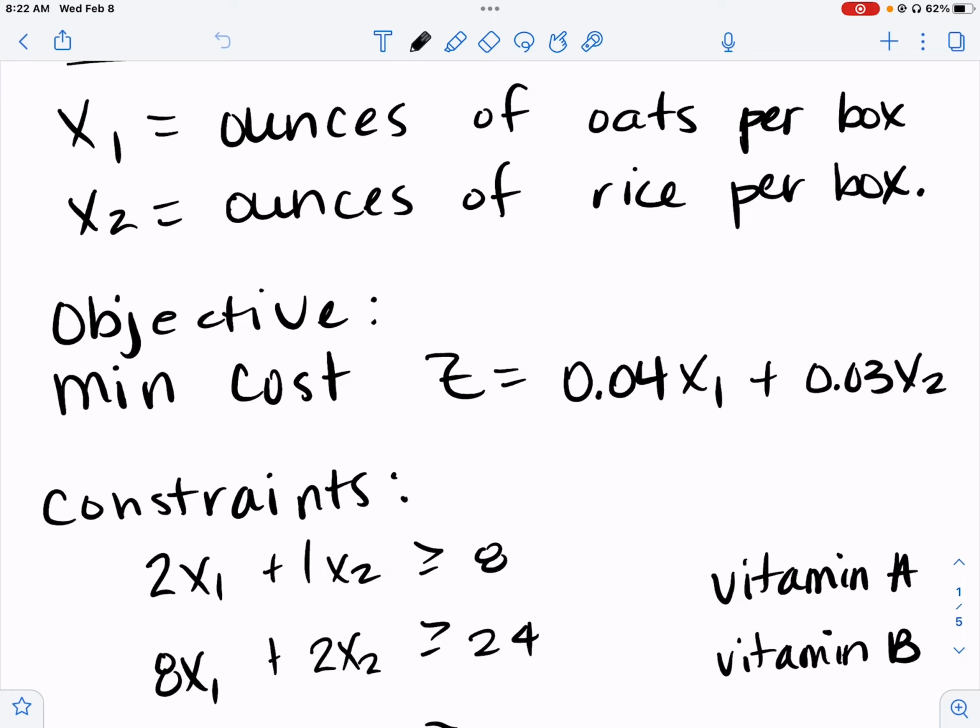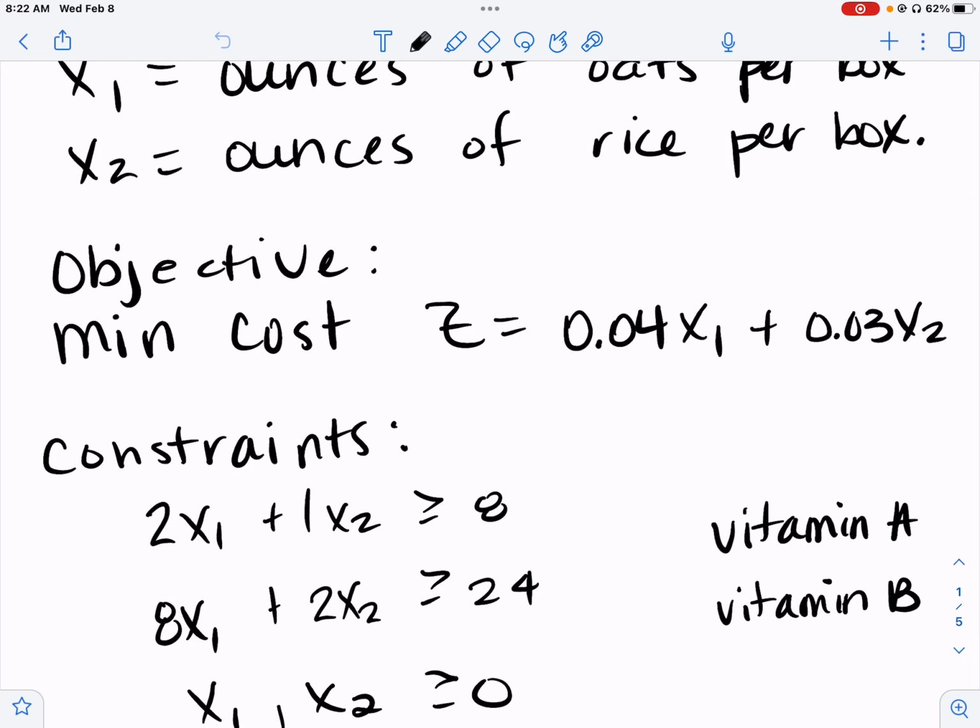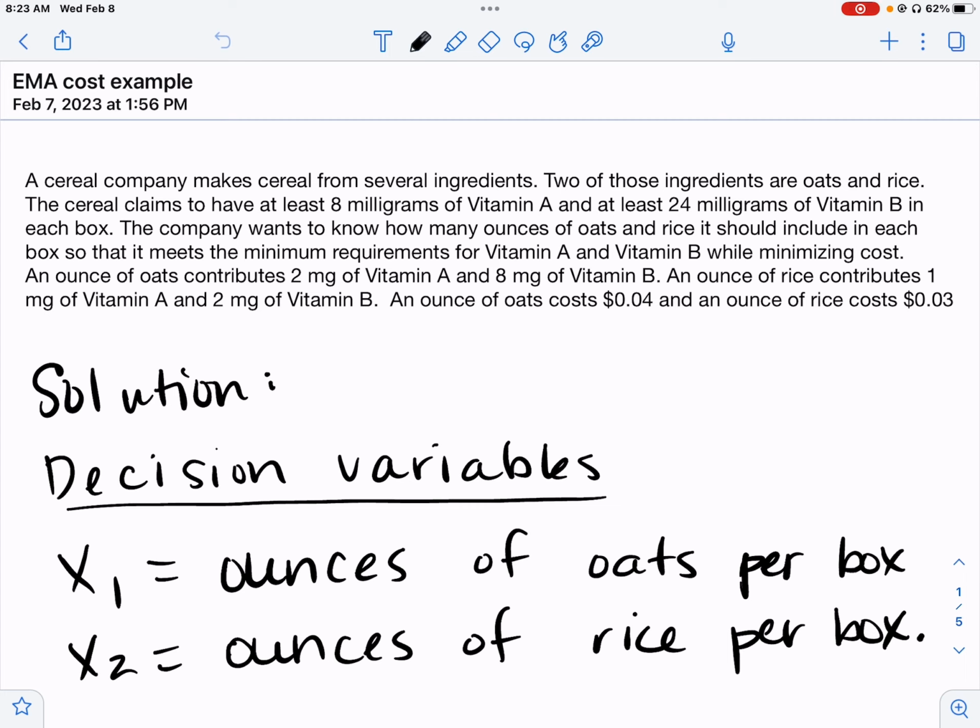Our constraints: we have to have at least so many milligrams of vitamin A. How do we get vitamin A? We get 2 milligrams from oats, and we get 1 milligram from rice.